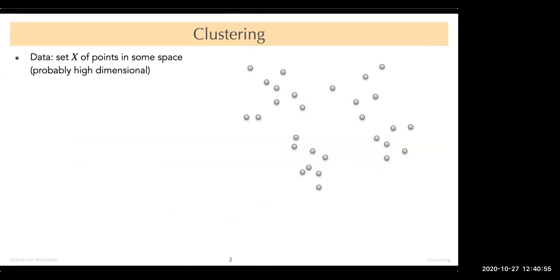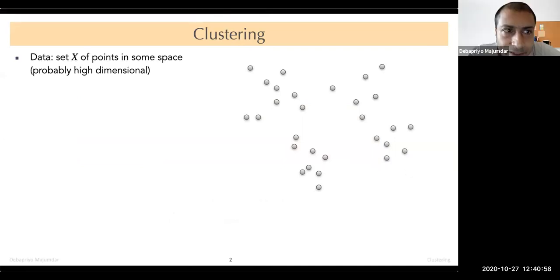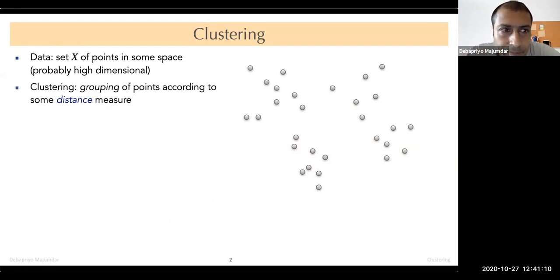So clustering essentially, the idea is that we have a set X of points in some space, and maybe it's a high dimensional space. I mean, most often that is the case we are interested in. And what will clustering do? Clustering will do grouping of points according to some distance measure. What is a distance measure?